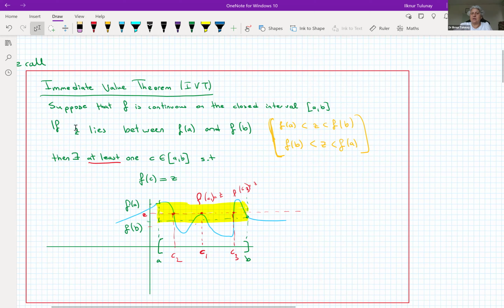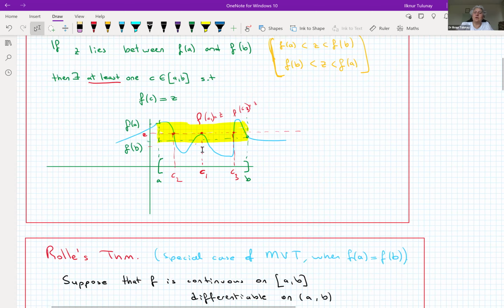That is the case for our problem, because we are looking at the zeros of the polynomial.